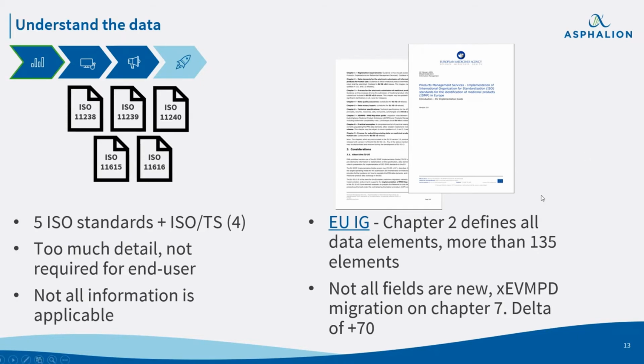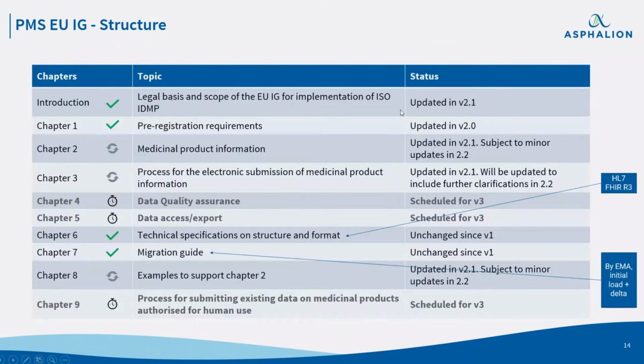I have a slide here on the structure of the European implementation guidance. It can be a little bit overwhelming at the beginning. So the first step would be understanding what we have in this guidance and how to read it. Maybe the most important chapters would be chapters 2 and 3.